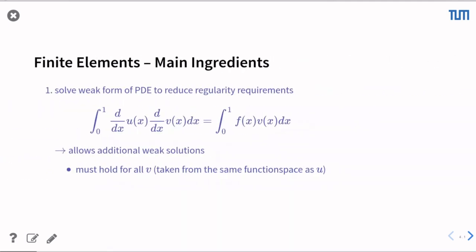On this slide we see that our solution u only has a single derivative on it, and there's also an integral now, which means that it only needs to be weakly differentiable once. Weakly differentiable here means that the integral that we are looking at here needs to exist for all functions v.